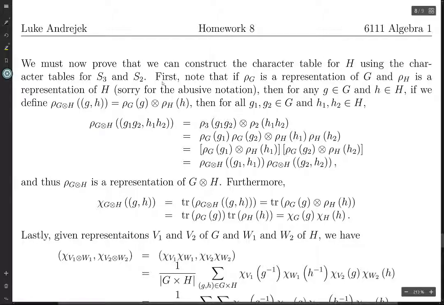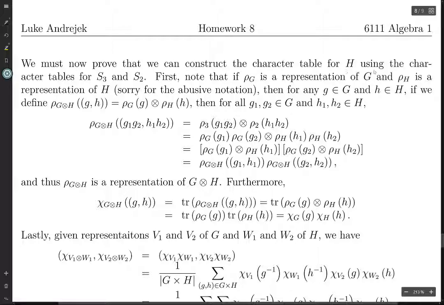Now we're going to let G and H be arbitrary groups. Again, sorry for the abuse of notation here because we used H to refer to S3 times S2, but here we're using H to be just any group.